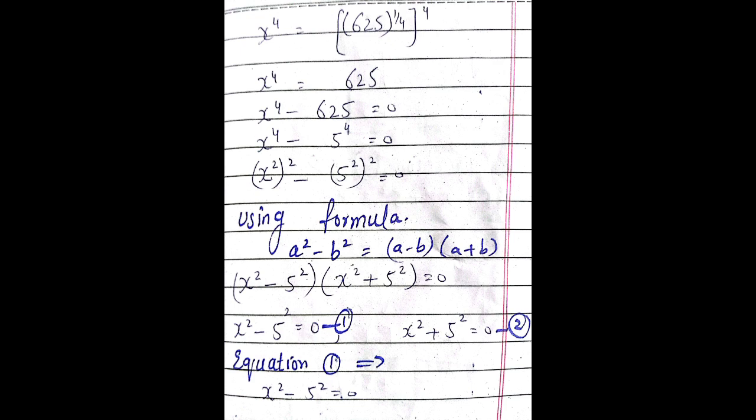Next, shift the right term to the left side. Write 625 as 5 power 4, because both are the same. We apply this formula on this. After applying the formula, we can write the terms separately: that is equation 1 and that is equation 2. Let's solve equation 1: x square minus 5 square is equal to 0.